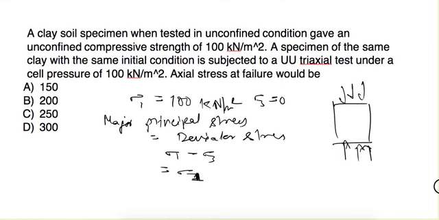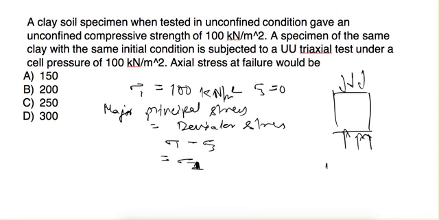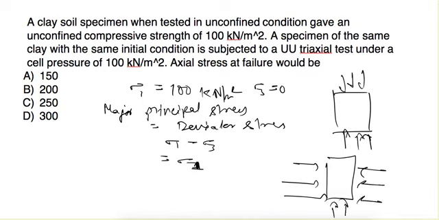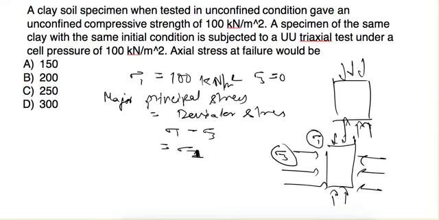Now what else is given? A specimen of the same clay with the same initial condition is subjected to a UU triaxial test. So again we took one more sample and did the unconsolidated undrained test. In that case there will be sigma 3 also and sigma 1 also, so both are there, and it is given that the cell pressure is 100 kilonewton per meter square.